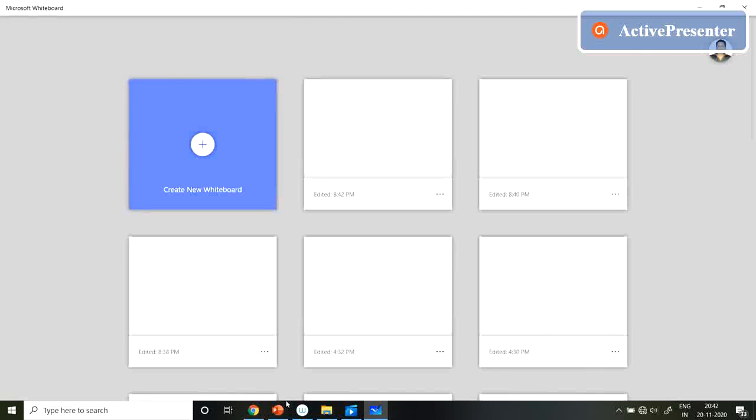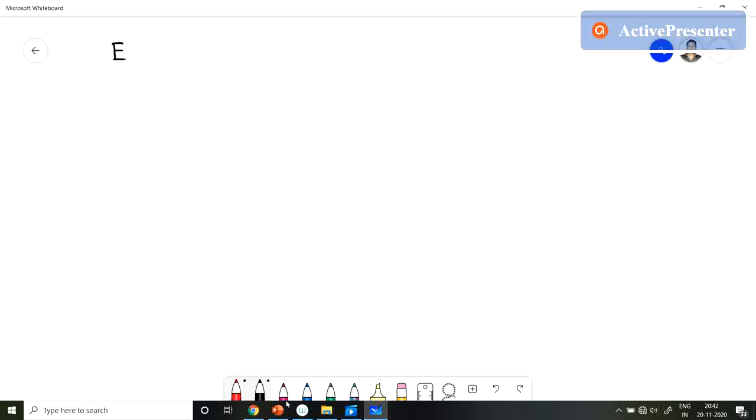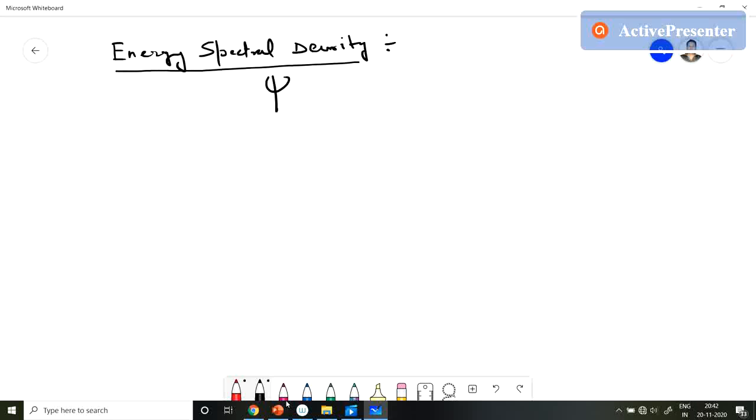Let us discuss the energy spectral density. It is called ESD in short, energy spectral density. So we have the energy spectral density of the input signal x(t). It is denoted as psi x(f). It is equal to modulus of X(f) whole square.